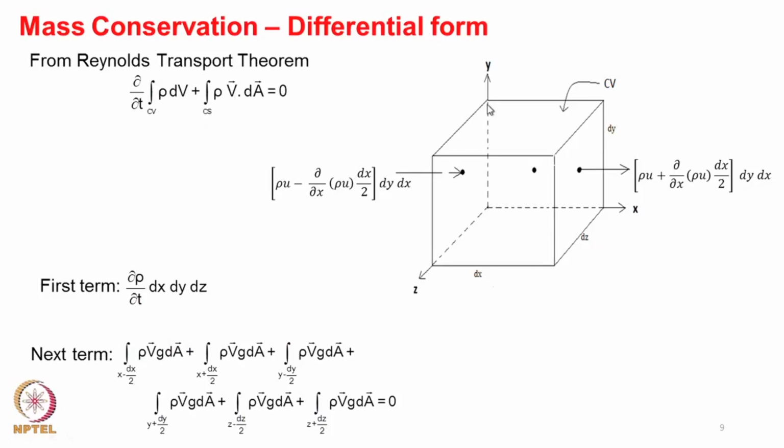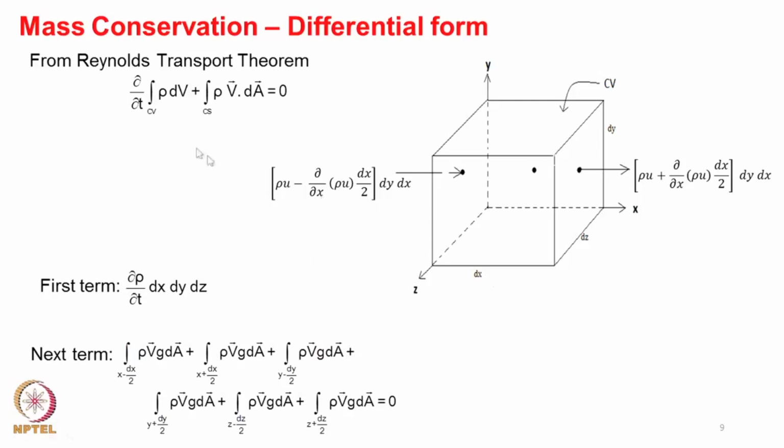In this case, consider a rectangular volume element with this face, another face, front face, back face and so on. So, there are 6 faces here, including top and bottom. One has to get an expression for this term on all the control surfaces. The first term is ∂ρ/∂t into dx into dy into dz. dx, dy, dz corresponds to volume, and ∂ρ/∂t multiplying dx dy dz will give you the rate of change of the mass.